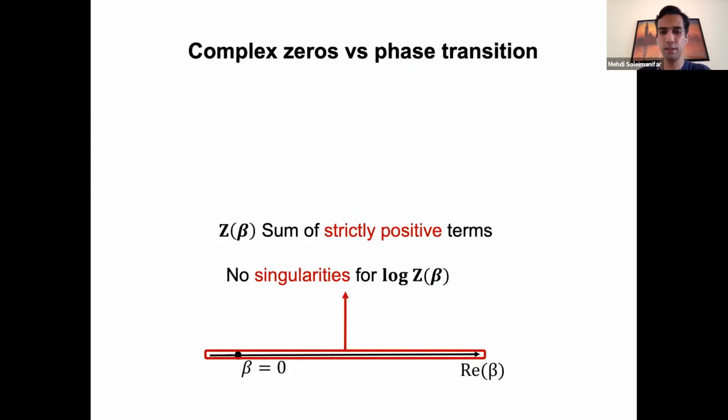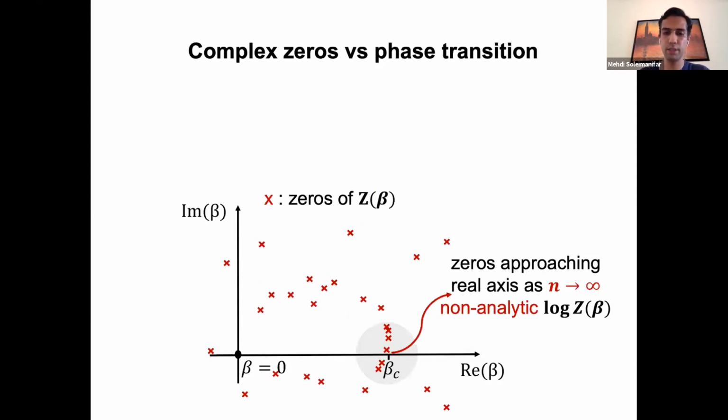Similar to classical partition functions, quantum partition functions for real beta, real inverse temperature, are just a sum of strictly positive terms. So on the real axis, there are no singularities for the log of the partition function. But this changes if you look at complex betas, and in particular, in the limit of the number of particles or spins going to infinity, some zeros in certain locations of complex beta can approach the real axis and get closer and closer at the critical value of beta, which is basically where the phase transition occurs.